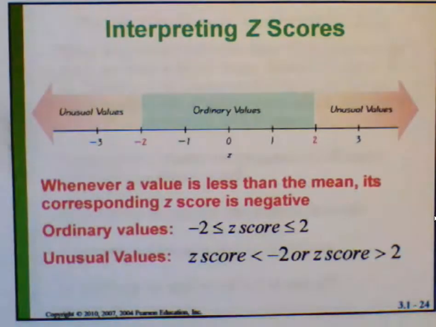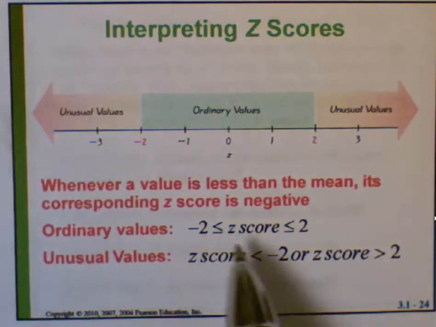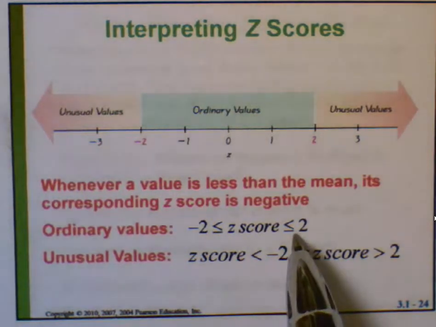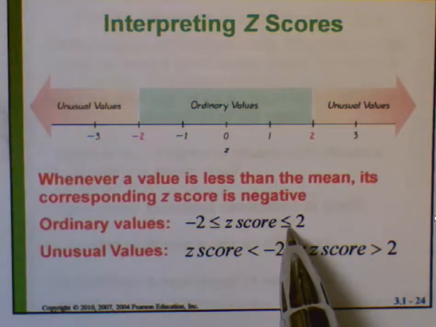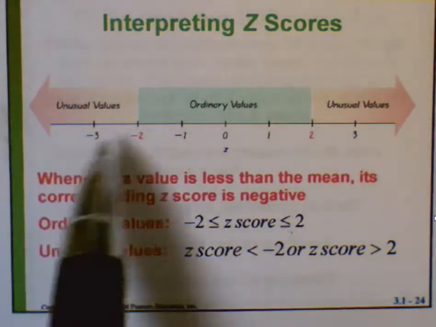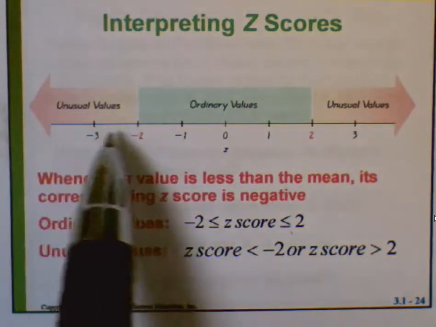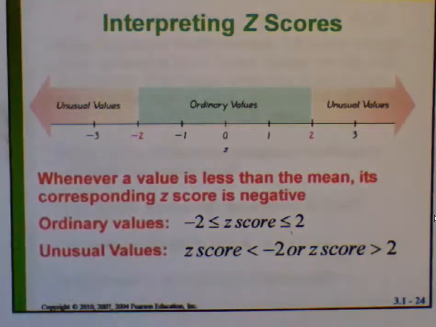Now, if we defined usual values to be within 2 standard deviations of the mean, then it makes sense that z-scores between -2 and +2 are considered usual or ordinary, not surprising. But z-scores that are less than -2, that's out here more than 2 standard deviations below the mean, that's unusual.